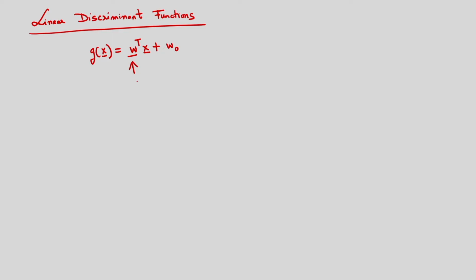So this is the weight vector, and this x is the feature vector, and this w0 is the bias, or maybe I can consider it the threshold weight.